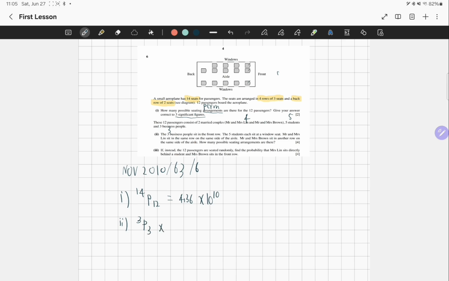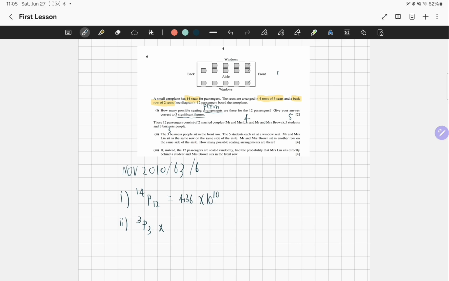Okay, and then the five students each sit at a window seat.